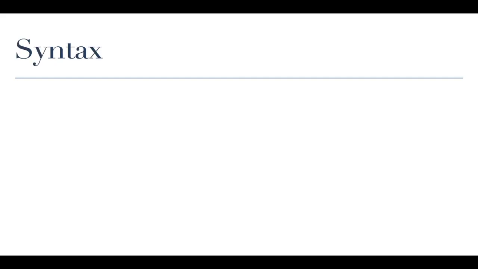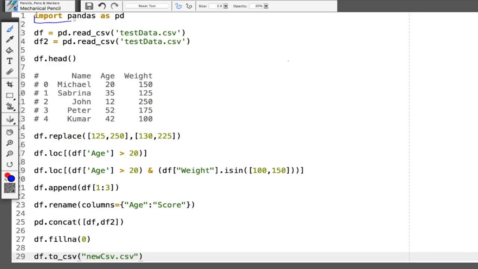Okay, guys, with that, we're now going to hop into our syntax section, and I'm going to show you how some of these commands work. The first thing you see here is we're importing pandas, just like we've done for the past couple of sections. We are renaming pandas as pd, so it's easier for us to do smaller calls like that. If we didn't have this as pd here, we could just write pandas, and this would work just fine. Remember, this line is how to load in a CSV file.